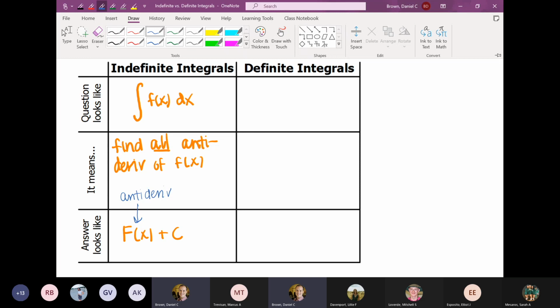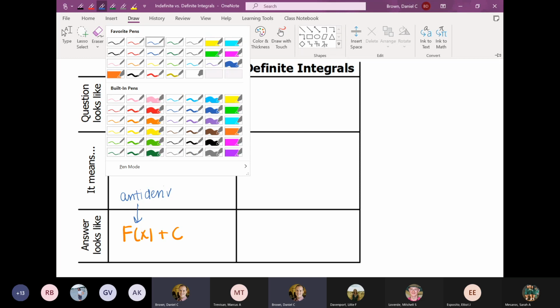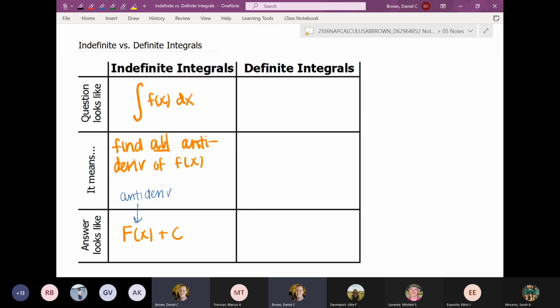So today what we're going to compare it to is the definite integral. The definite integral definitely has some similar things. It does have an integral sign. We will be integrating a function still with respect to dx. What makes it obvious to us that it is a definite integral is that we are going to have a starting point and an ending point. So I'm going to write that as the integral from a to b. Those numbers do have names.